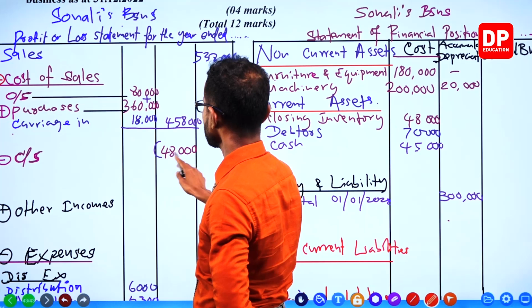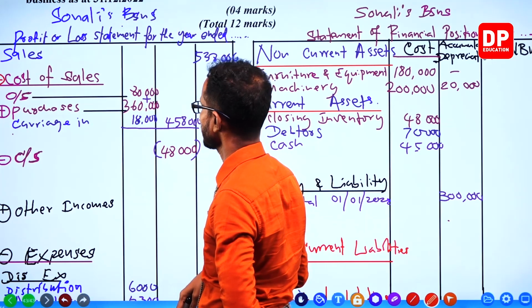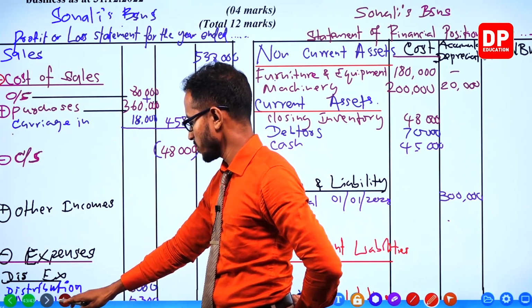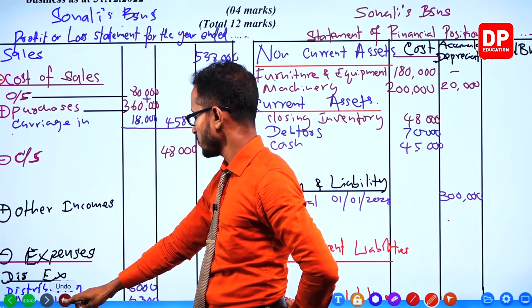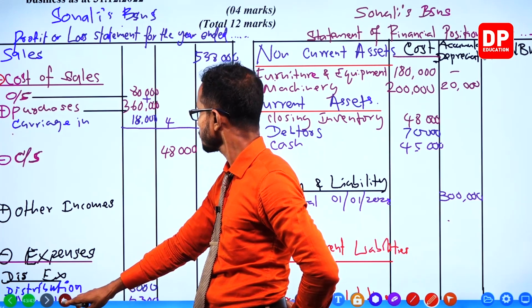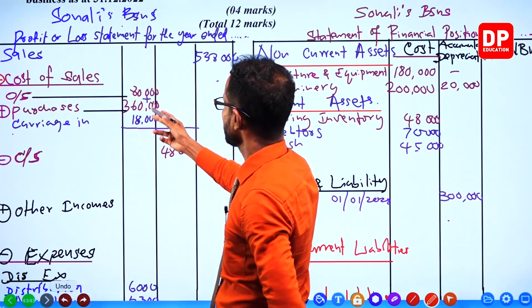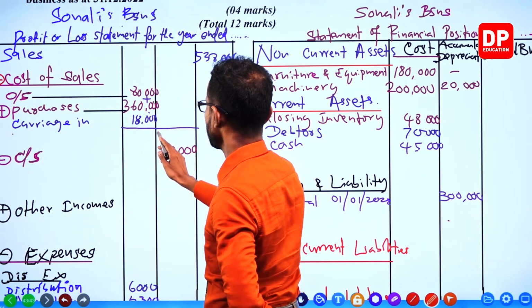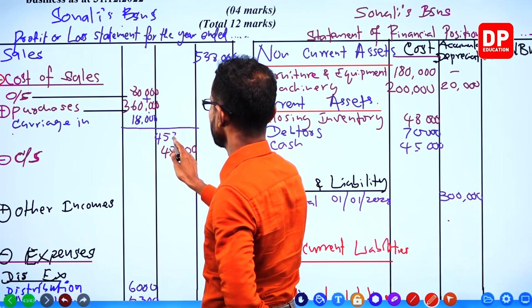From that you minus closing stock. Wait. 458,000, right? Yes, 458 is the answer.